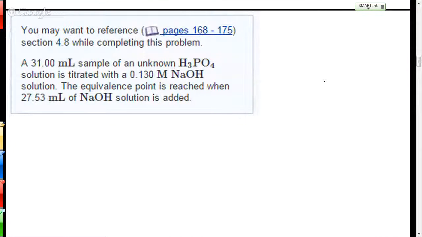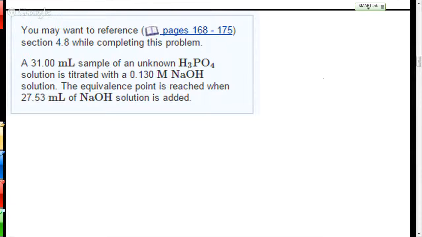Everybody has different numbers for their Mastering Chemistry, so they may not be exactly the same as mine. But this idea of titration to the equivalence point, what does that mean? We're going to do it next week in lab. Have you ever done that before? It's a way of measuring an unknown concentration.